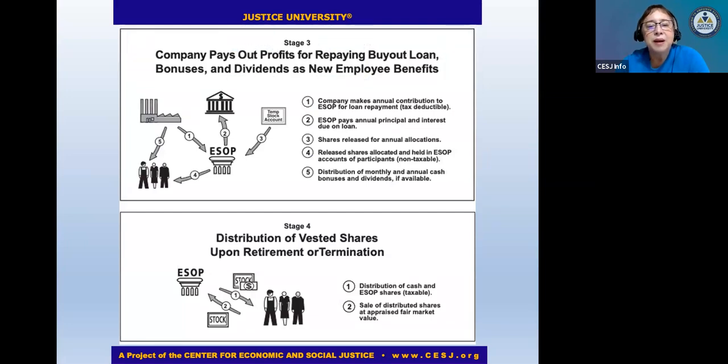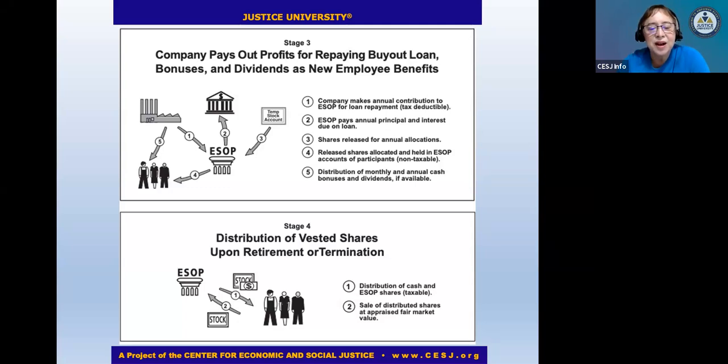When the company's paying out its profits, it first repays the loan, and anything else is either held in the ESOP trust or it's paid out as cash dividends, which the corporation can deduct, and it becomes taxable personal income to the recipients.